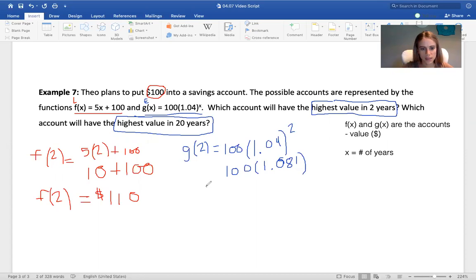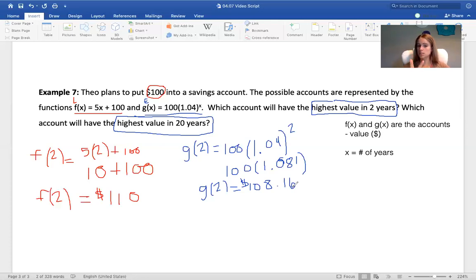When I multiply that by 100, we have $100.50. And if I round, because I know that I need hundredths for my decimal point, because I'm talking about money, $108.16.